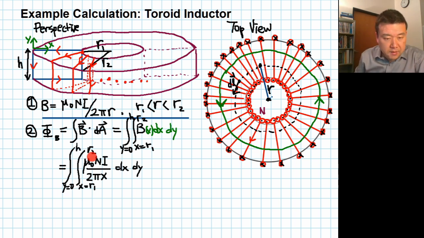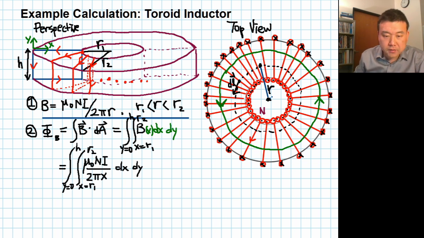Notice that nothing here actually depends on y. So the y integral simply becomes multiplication by h. Now, there's something that does depend on x. It's 1 over x. So the antiderivative will be natural log. So let me write this out.